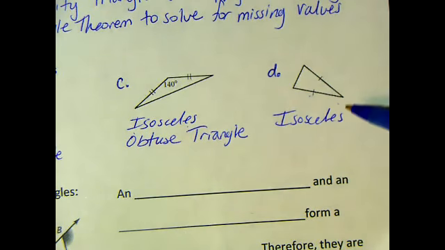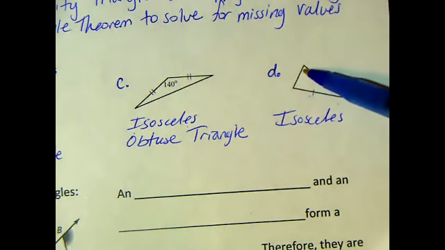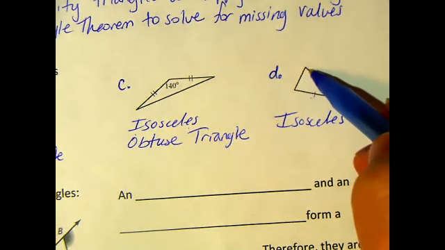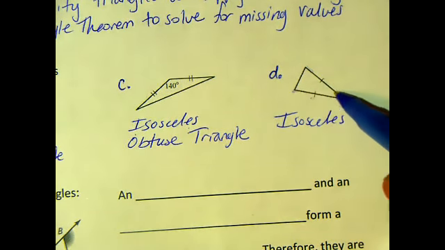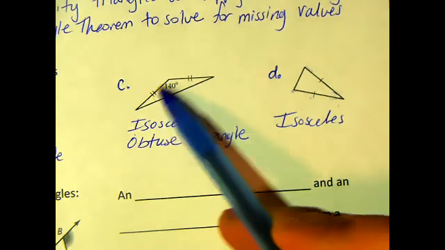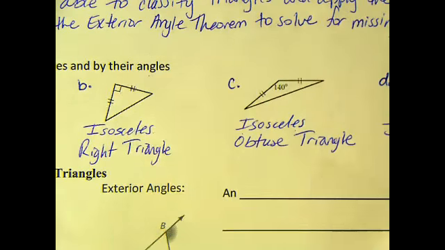Now, as far as the angles go, we have these three angles. Are any of them obtuse or right? If we can see, each of these look to be less than 90 degrees. None of them look wide enough to be more than 90 degrees or a corner like this to look like 90 degrees.